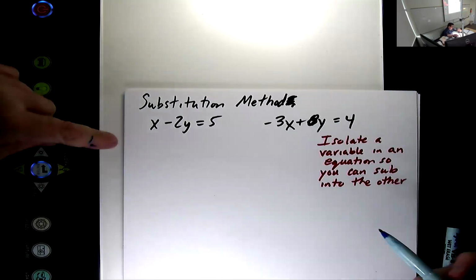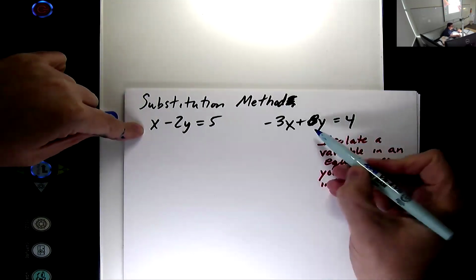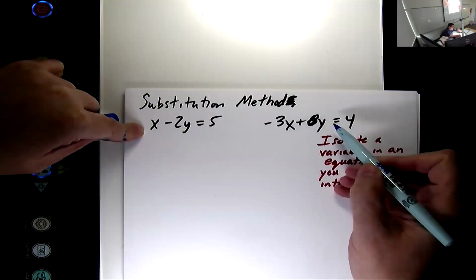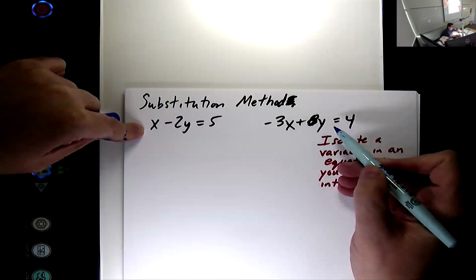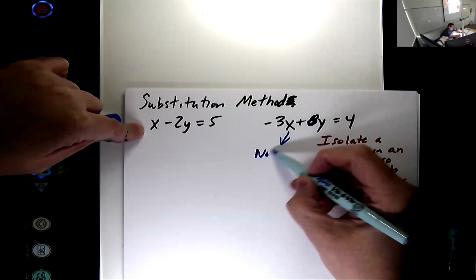So here, this first equation is set up really well for it. This one's not. If I wanted to solve for x or y, I'm gonna have to divide through by y, negative 3, or 8, and I'm gonna end up with fractions, right? Not a good choice.